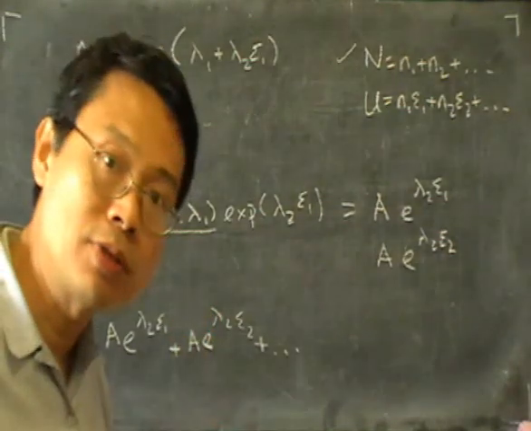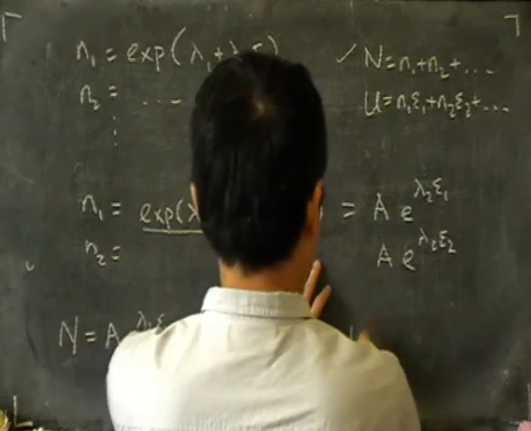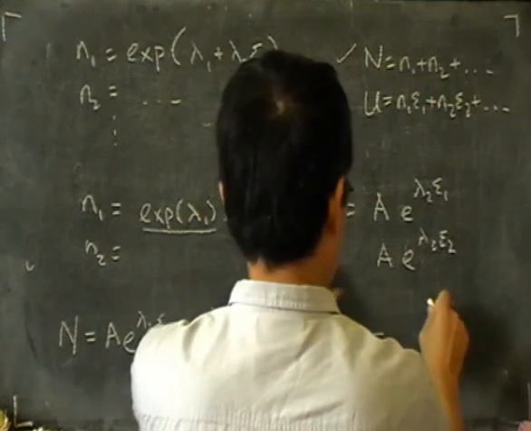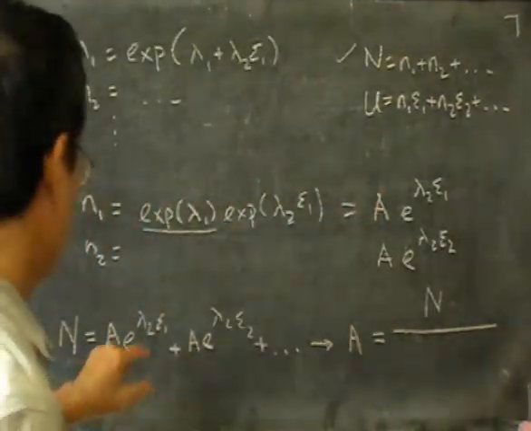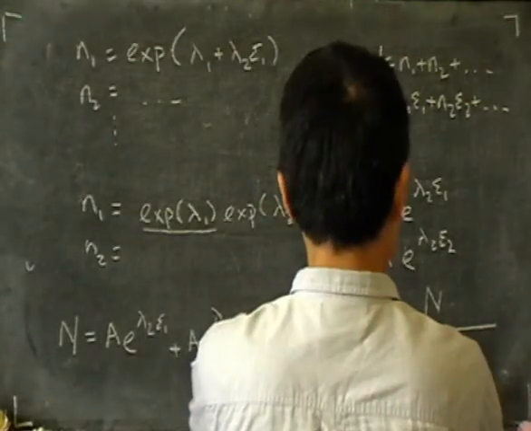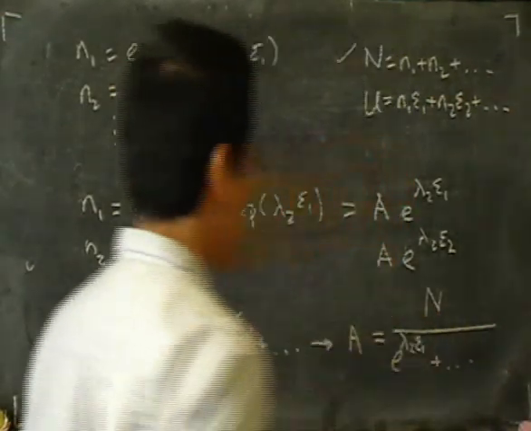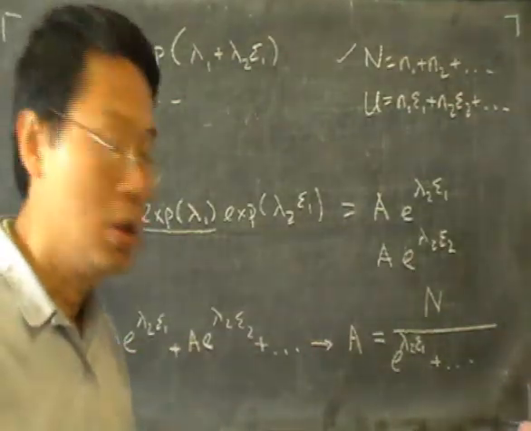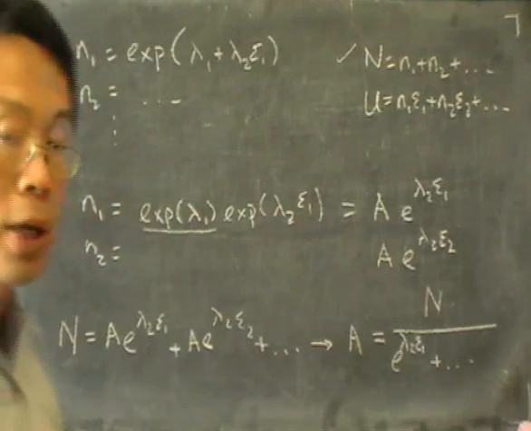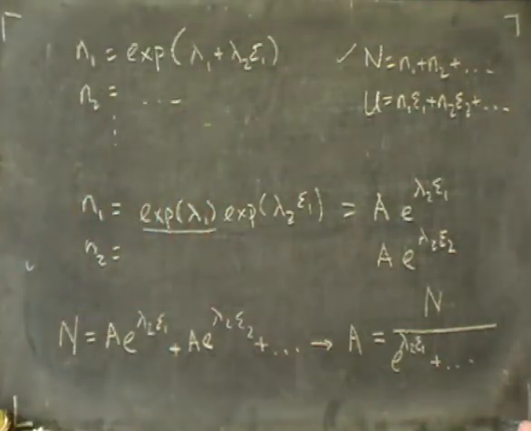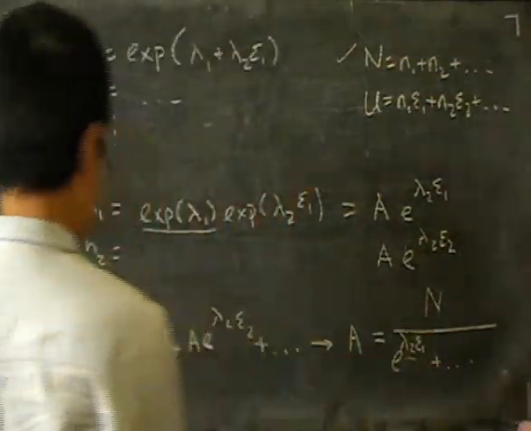So I can factor out the A and solve for it. And this gives me A is equal to the number of particles n divided by e to the power of lambda 2 epsilon 1 and so on, all those terms. So this gives us the solution for A. So at least we are now left with just one unknown, which is the lambda 2.